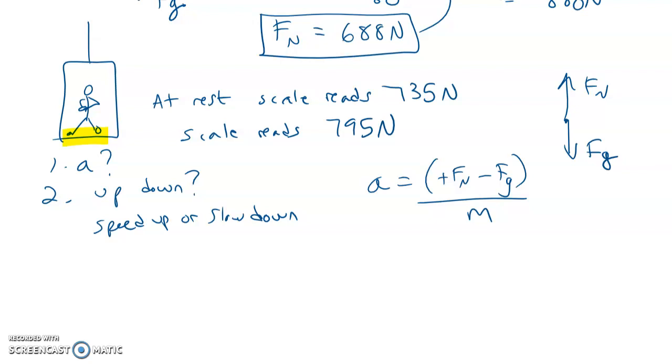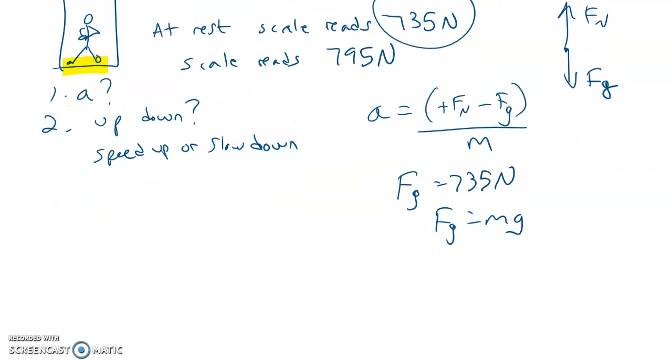The key here is that at rest, the scale reads 735 newtons. Well, if it's at rest, then the forces on the person have to be balanced. And so the normal force, which is what the scale reads, and the force of gravity are both the same number, 735 newtons. So now we know that the force of gravity is 735 newtons, and we can go to our force of gravity equation to figure out the mass.